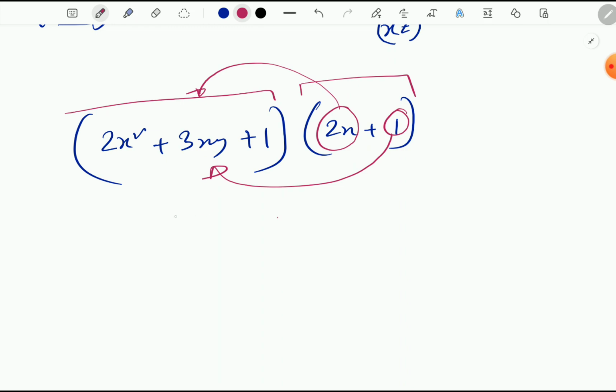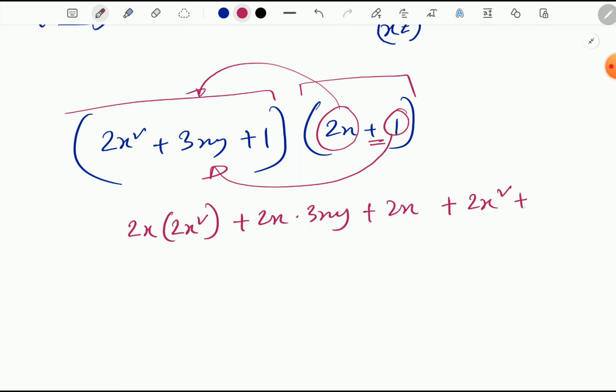For example, first let's do it by 2x. So 2x times 2x squared plus 2x times 3xy plus 2x. Now I will write plus, again by 1 we have to multiply all the term 2x squared plus 3xy plus 1.